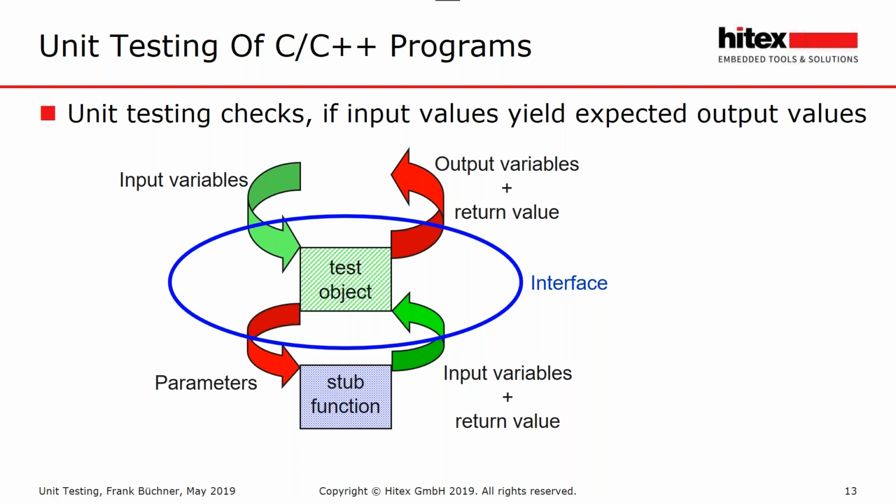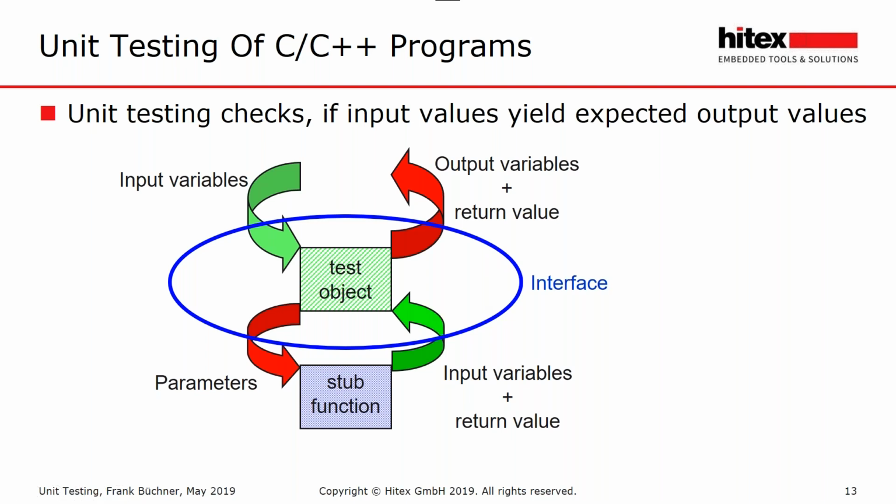This was the upper part, and I think the upper part was quite easy to understand. Please keep in mind that there is a lower part in case the test object calls other functions.